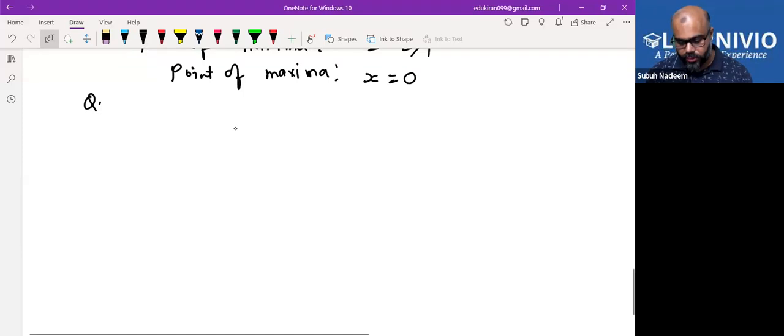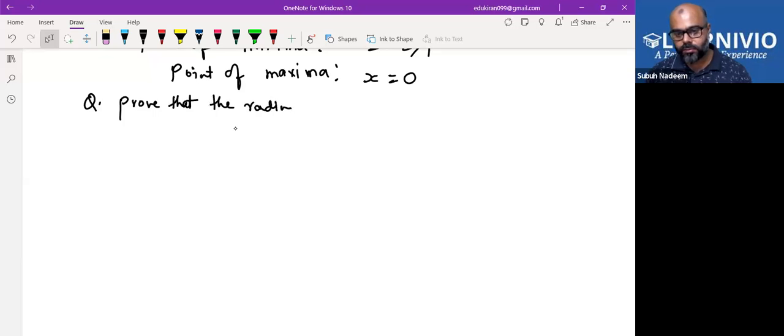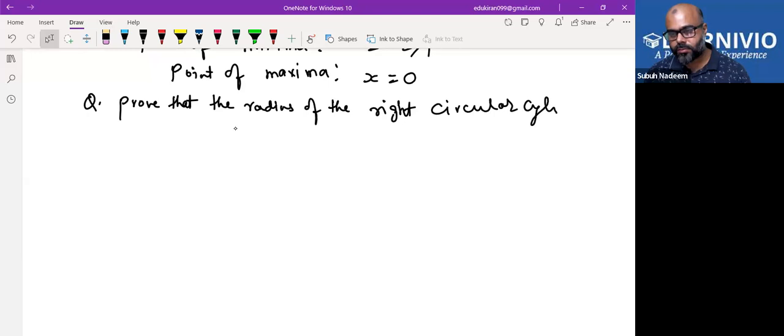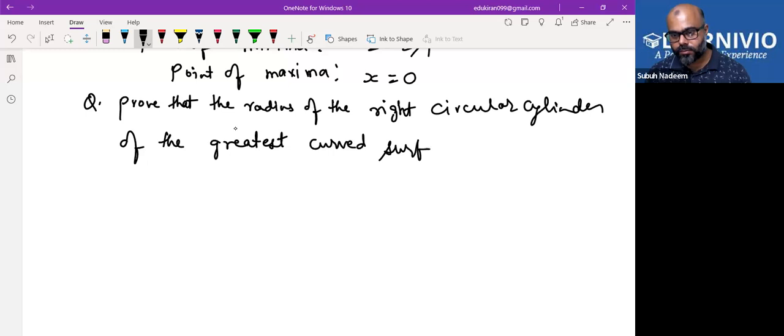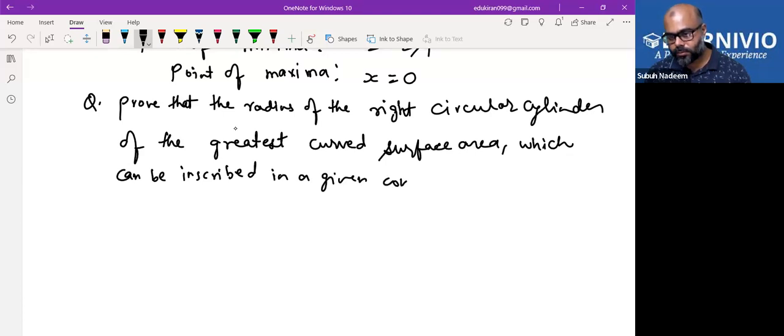Prove that the radius of the right circular cylinder of the greatest curved surface area which can be inscribed in a given cone is half that of the cone.